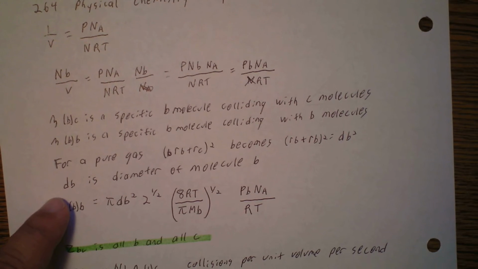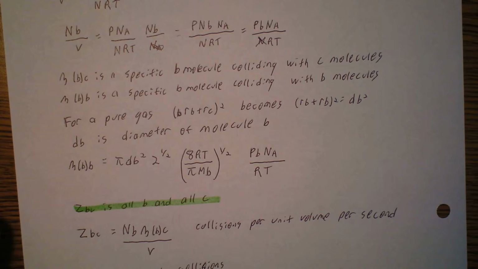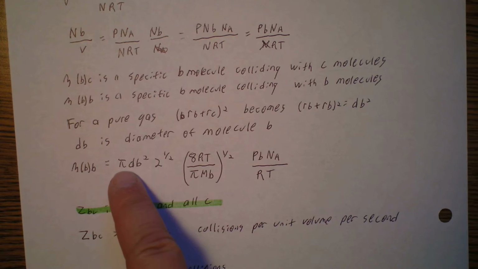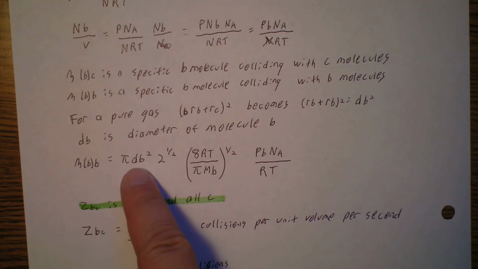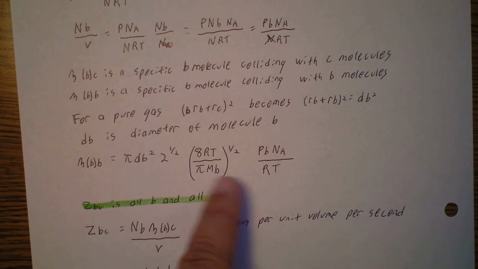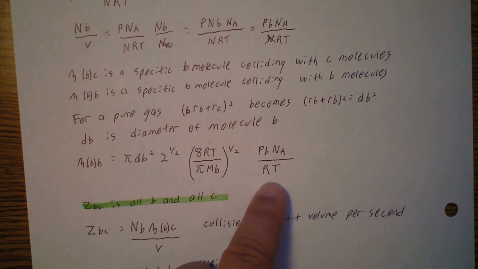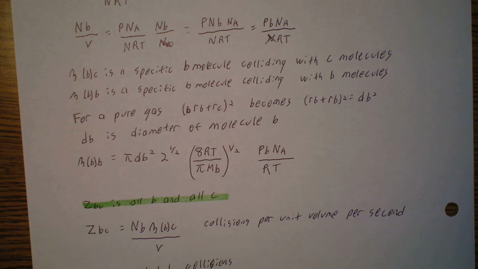So dB would be the diameter, not differential, of molecule B. So we get ZBB is equal to pi times the diameter of molecule B squared times the square root of 2 times the square root of this whole quantity, 8RT over pi times the molecular weight of B, times the partial pressure of B times Avogadro's number divided by RT.